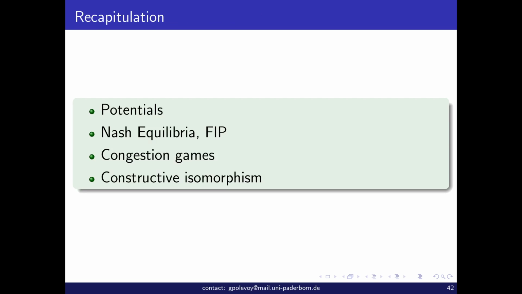And now let us recapitulate those two topics. So we defined potentials, several kinds of potentials. It was generalized ordinal potential, and it was a bit more constrictive, ordinal potential, and then weighted potential, and then exact potential, which we call just potential, which is probably the most widely used notion.